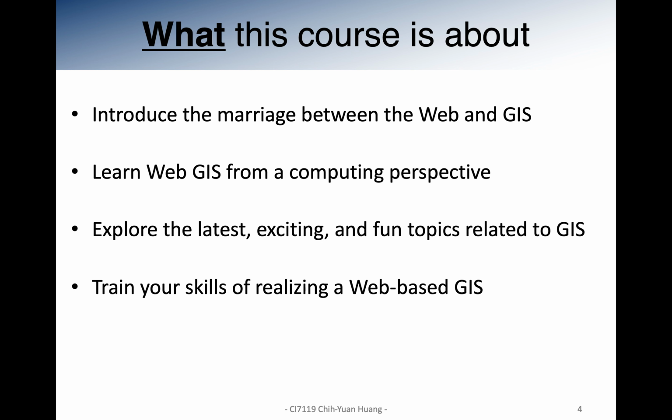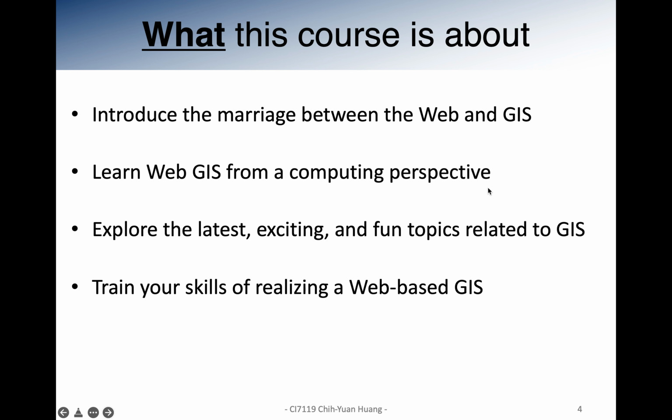That means we are moving some computation to the internet or to the web. Which means that cloud-based GIS actually means web GIS. So first of all, we are going to talk about the marriage between the web and GIS. And then secondly, we are going to talk about WebGIS from a computing perspective.